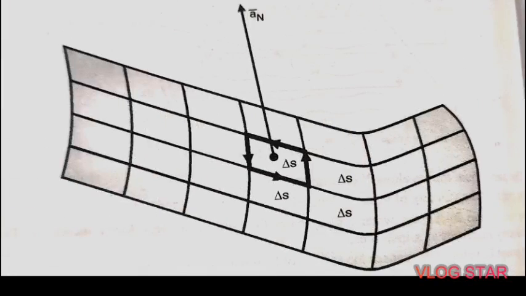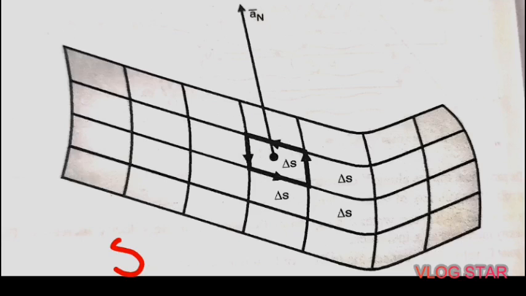For that we have to consider a surface S which is broken into the incremental surfaces del S. Here we can see this is the closed broken surface S, and del S is the incremental surface.